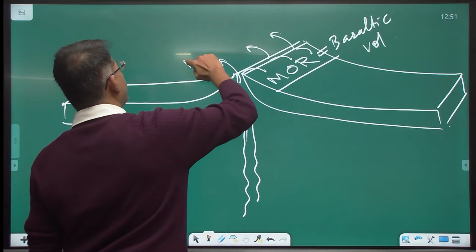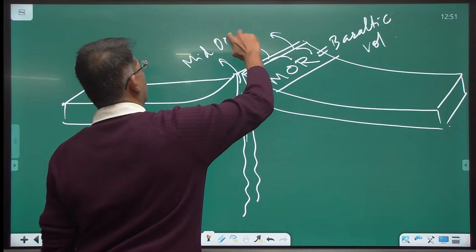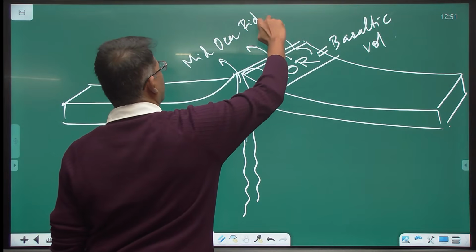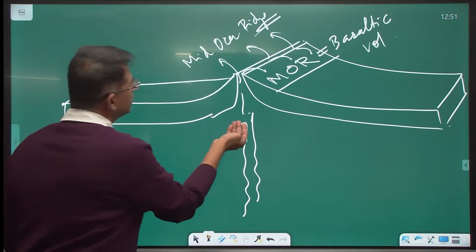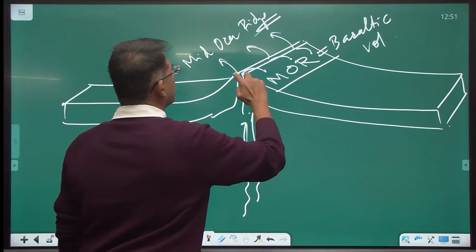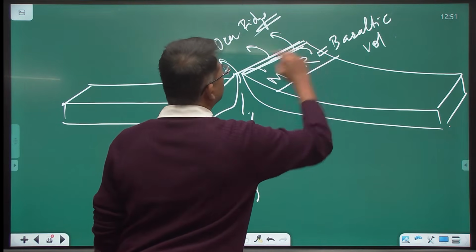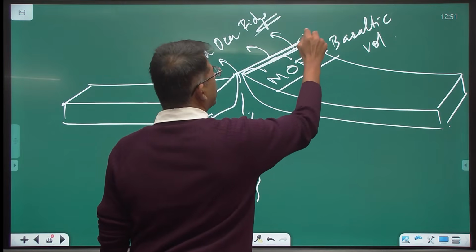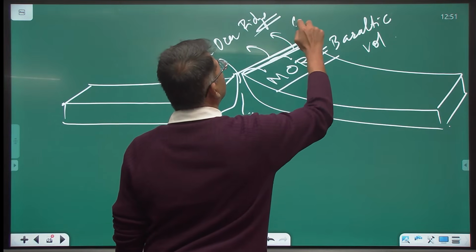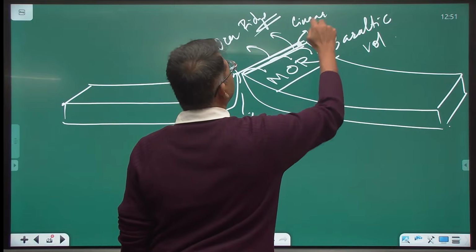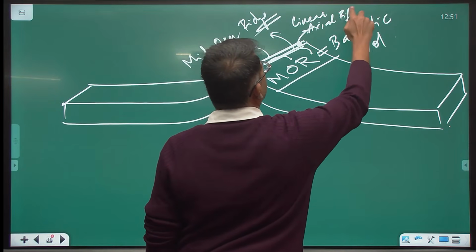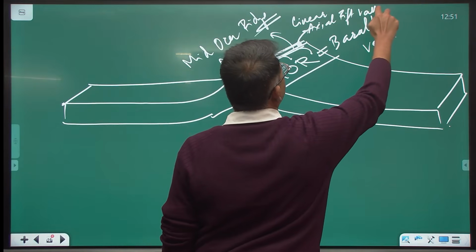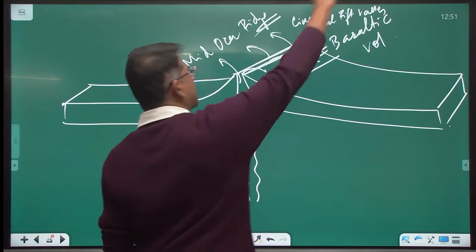This is the mid-ocean ridge on the ocean floor. And if lava is coming out here, this crack here. This crack is called the linear axial rift valley. A rift valley is a crack.